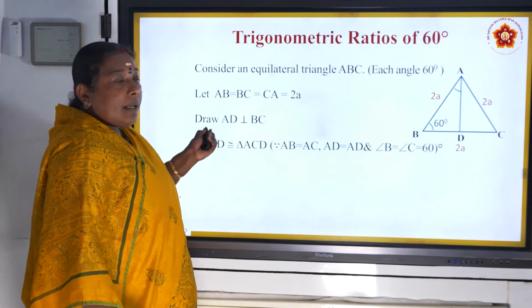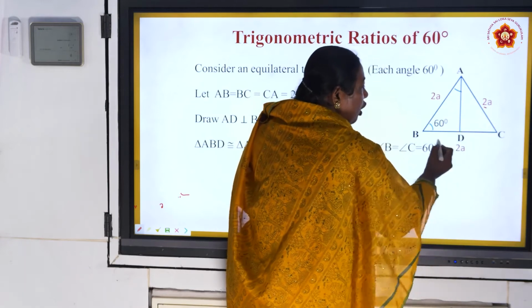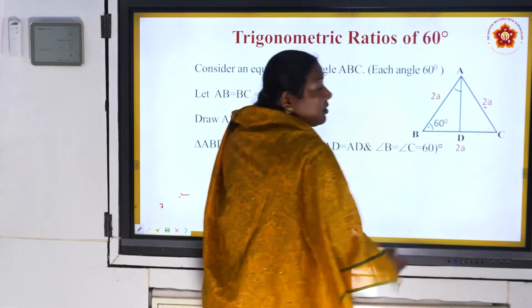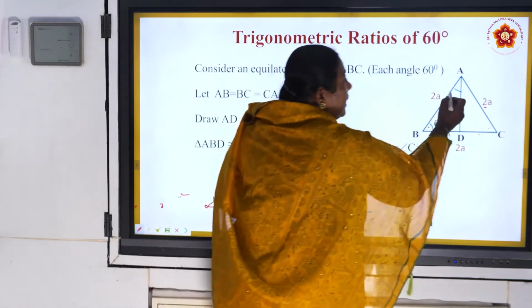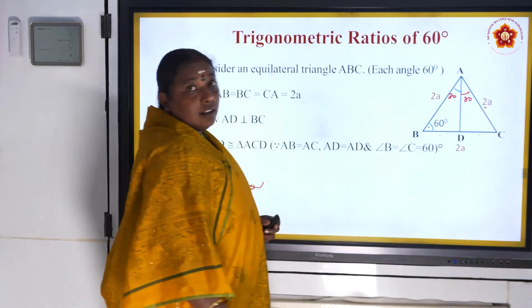So on the basis of this, I have 2A, AD is common, here it is A, here it is A, here it is also 60, here is also 60, then who is the last one? Here it is 30, here it will be 30, right?